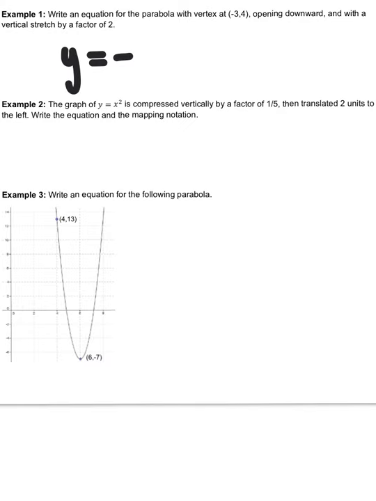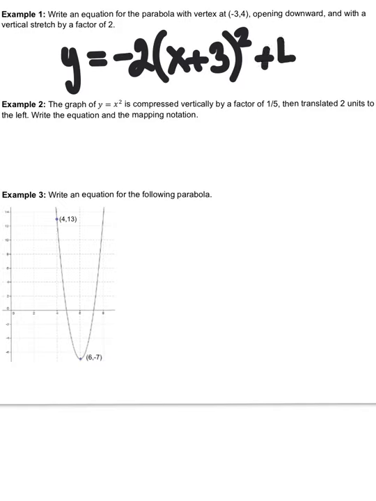And we also know the stretch factor is 2. So that's our a value. And then we have our vertex, where the x value is -3. And remember, x lies, so it's going to be x plus 3 in the equation. And this is attached to the x because it's your horizontal shift. And then you know your y coordinate is 4, and so it's going to be plus 4.